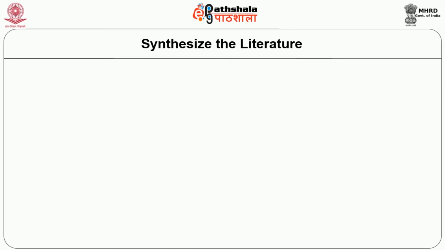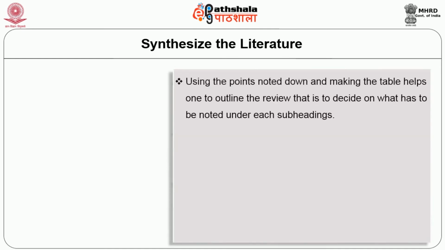This is synthesizing the literature. Using the points noted down and making the table helps one to outline the review, that is to decide on what has to be noted under each subheading.